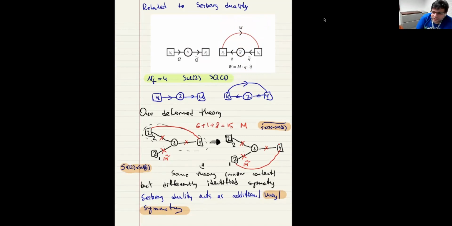Let us go now to the particular case that we are discussing, SU(2) with F equals 4. This is the theory on the left. It's just this simple theory. On the right, since N tilde is F minus N, when F equals 4 and N equals 2, it's also SU(2). You have a very similar theory, almost identical, modulo the fact that you need to introduce these fields M and couple them with a superpotential.